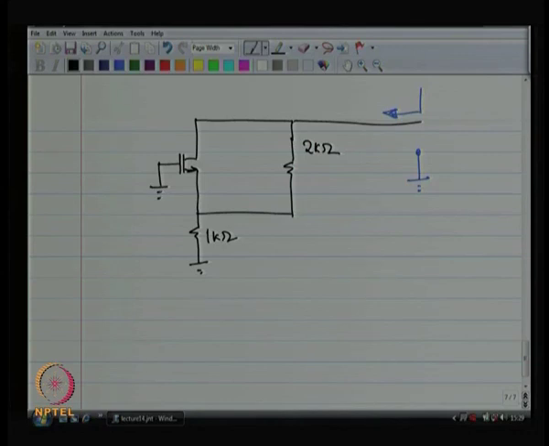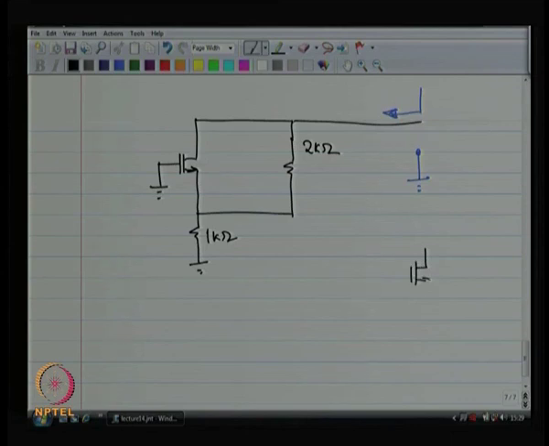Now, do you remember how to do this? Well, if you have done your analog circuits and remember how, you would probably remember this configuration, which is basically identical to this. Okay.